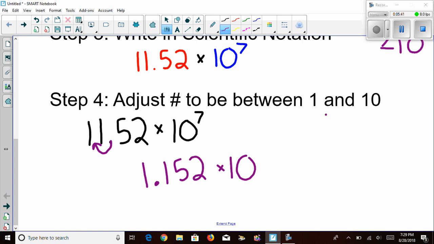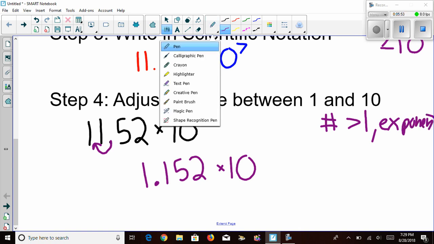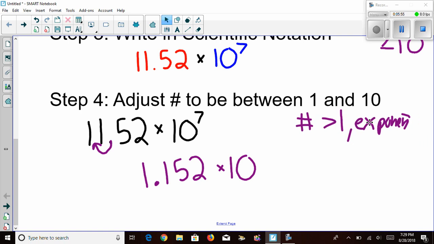And when our number is greater than 1, our exponent was always positive. So our number is going to become more positive by adding 1 because I moved one more space, making my new exponent an 8.